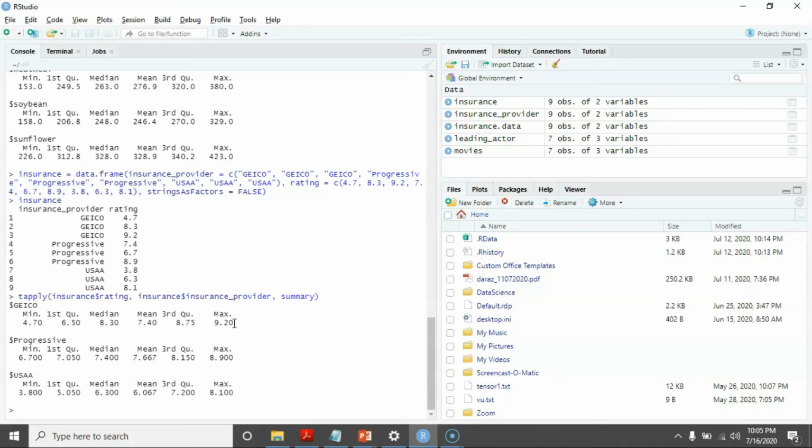So by doing all this analysis, we can conclude that Progressive is the better insurance company in comparison with USAA and even GECO. And that is why it is recommended to opt for the insurance services of Progressive rather than GECO and USAA.